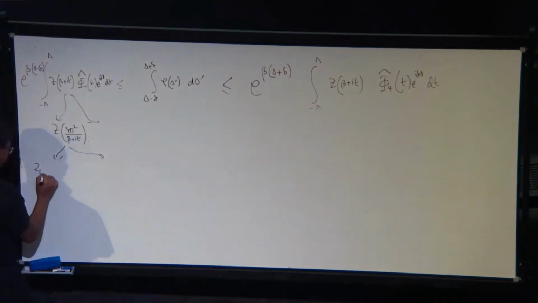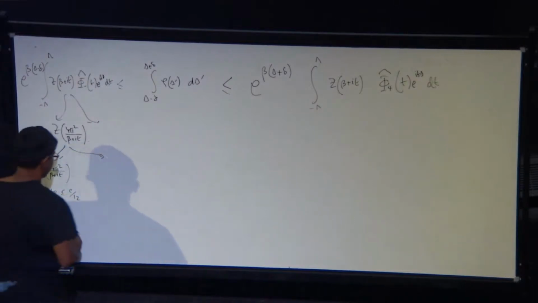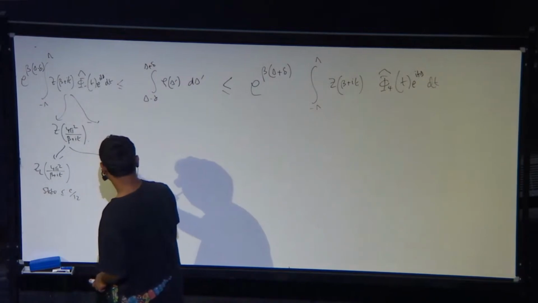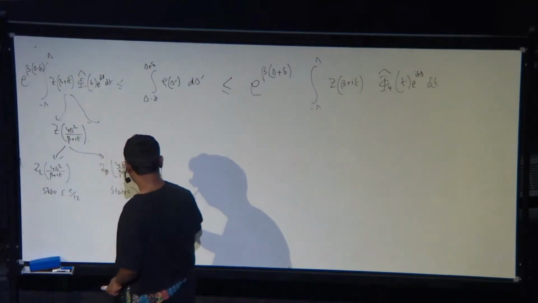One is the light piece, which basically is the vacuum contribution and all the contributions from states below c/12. And there is a tail contribution, which is basically the contribution from an infinite number of states above c/12.